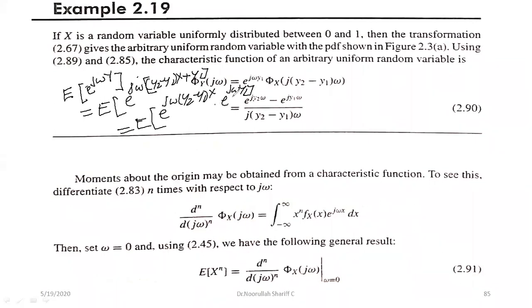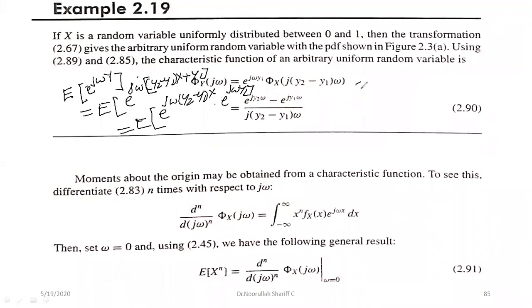Then this value, if you see over here, in place of ω you have ω(y2 − y1). That's why he has put (y2 − y1)ω, so we get this expression. Then you can solve this by finding the integration, and the magnitude of that will definitely be 1.